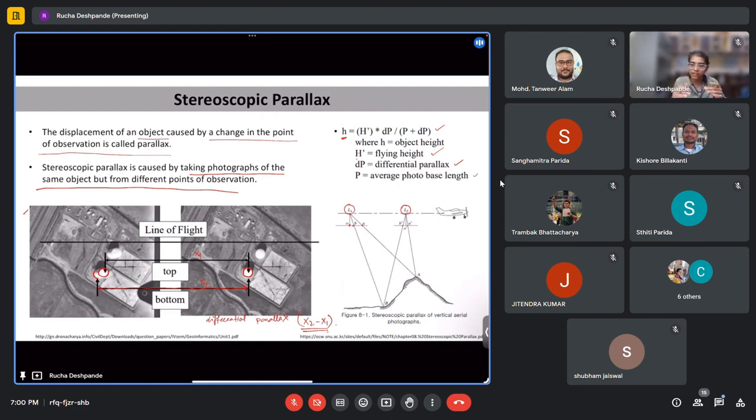So when we calculate the difference between these two lengths, it will give us the differential parallax. So this is x2 minus x1. This is the difference between these two. Is it okay? Okay.